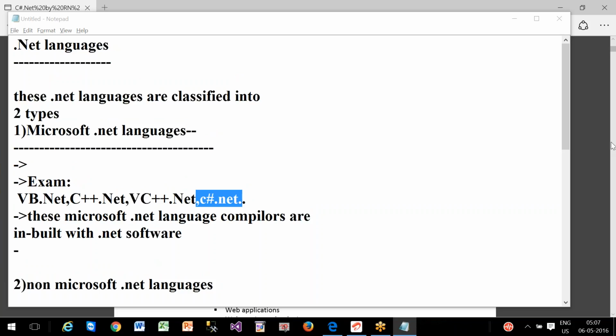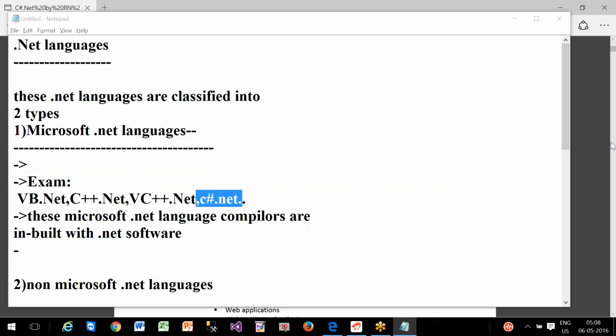First, .NET supports multiple programming languages. .NET is classified into two types: Microsoft .NET languages and non-Microsoft .NET languages. .NET languages which are introduced by Microsoft are called Microsoft .NET languages.